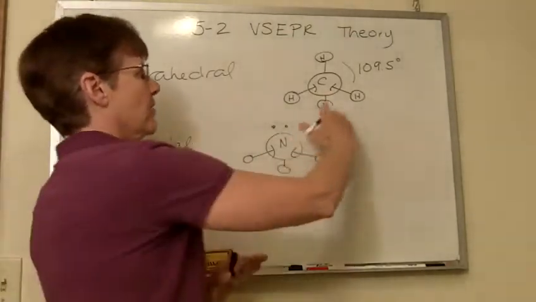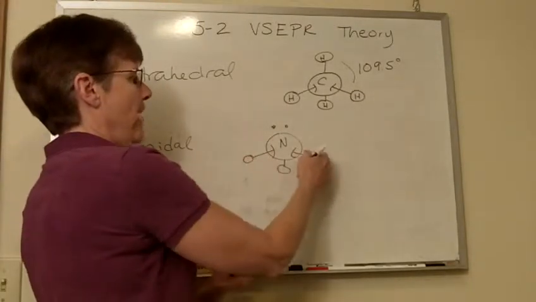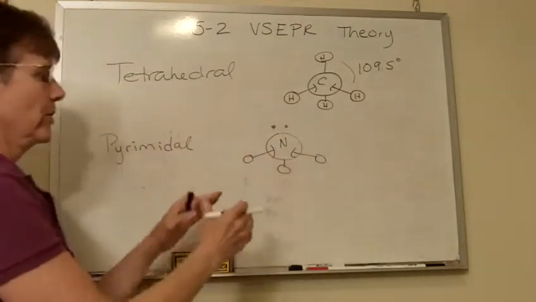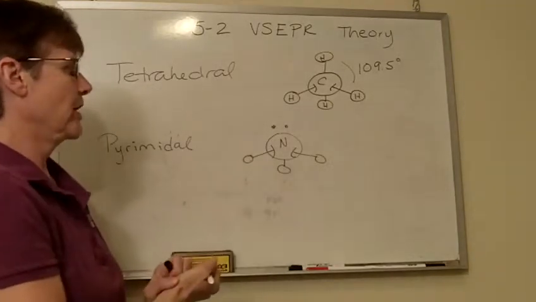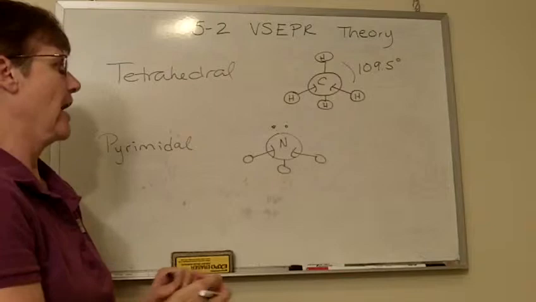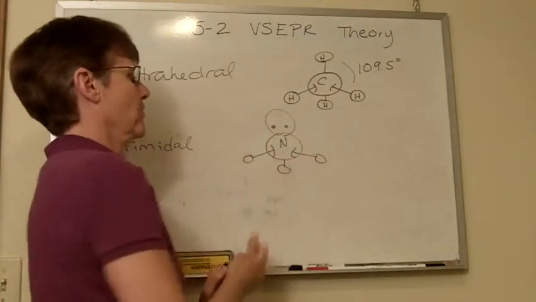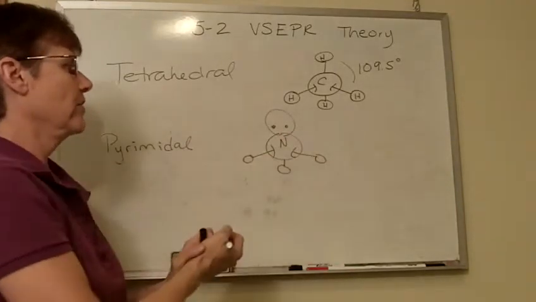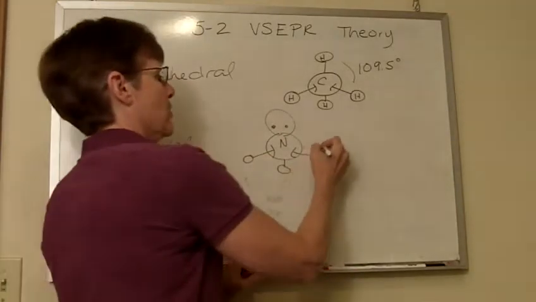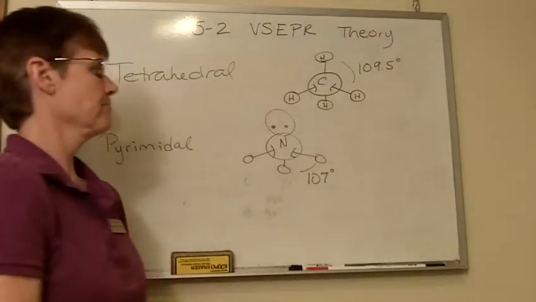So really, it's a variation on this theme of tetrahedral, except that these 3 are atoms and that isn't. And so if you think of a little 3-legged stool arrangement, maybe you can see how we end up getting a pyramidal name for that. So again, this takes up more room than any of those bonds, and that's going to push these a little bit closer together than they would be otherwise. And so the bond angle here is 107 degrees.